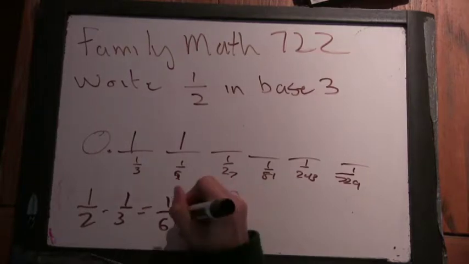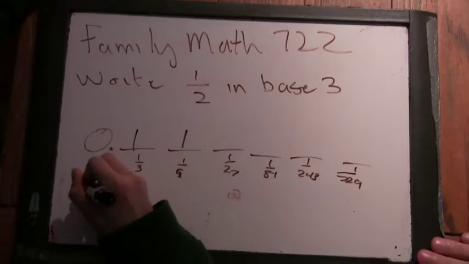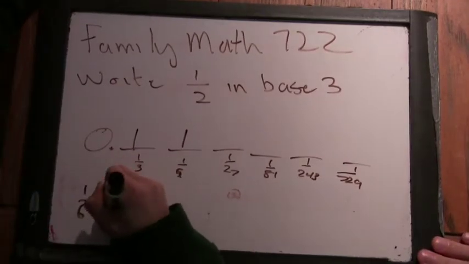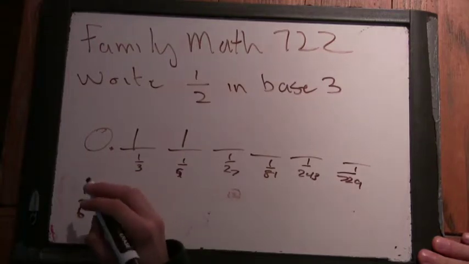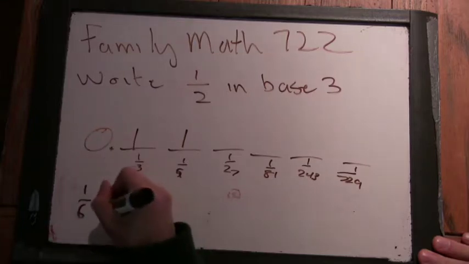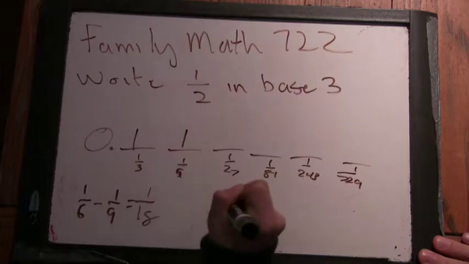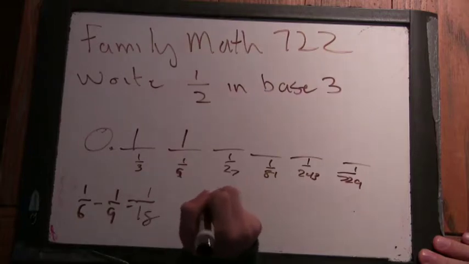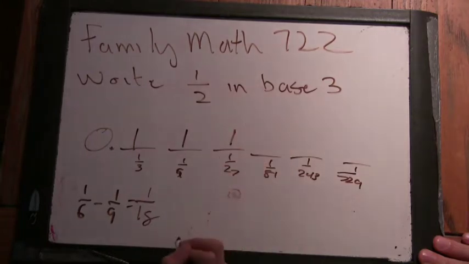All right. So when you subtract 1/6 minus 1/9, this would be 3/18 minus 2/18, which ends up being 1/18. And then you can only use 27th once.